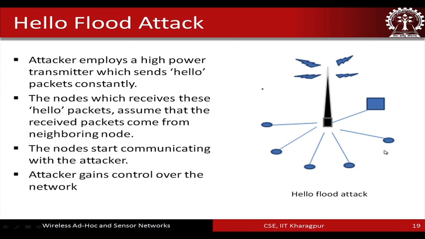These nodes start communicating with the attacker instead of the actual base station. This attacker behaves like a strong powered legitimate neighbor, and the nodes are fooled in the process and start communicating with the attacker, thinking that it is a legitimate node. By doing this, the attacker gains control over the entire network.